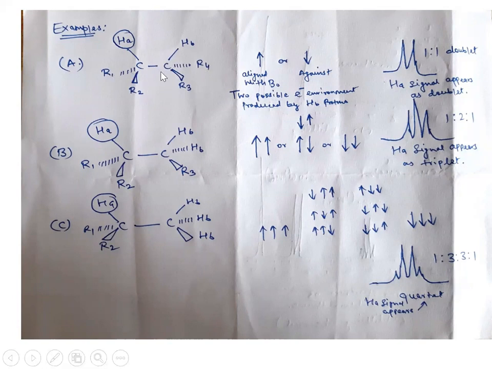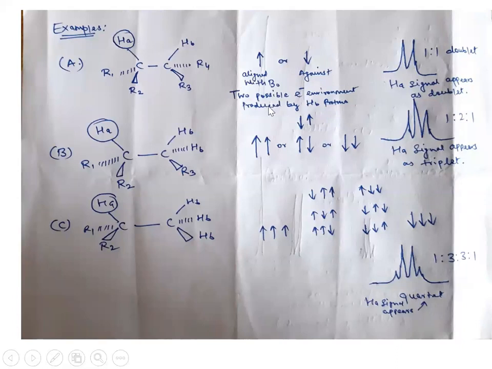It means this compound has two types of protons, HA and HB. Now we observe the influence of the HB protons on the HA protons. We are observing the effect of HB protons on the signal of HA protons.